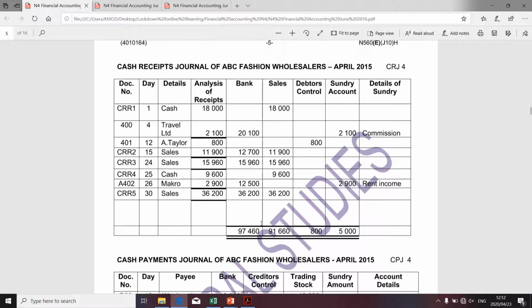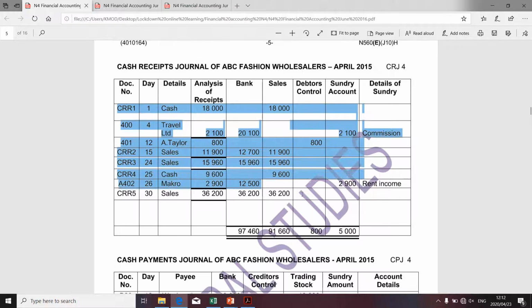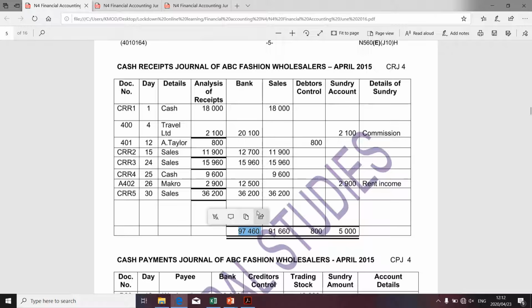Therefore, we're not going to repeat transactions that were already reflected in the cash receipt journal. However, we're going to update that balance with whatever transactions appeared on the bank statement but were not reflected on the cash receipt journal.